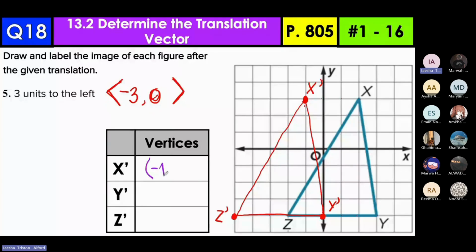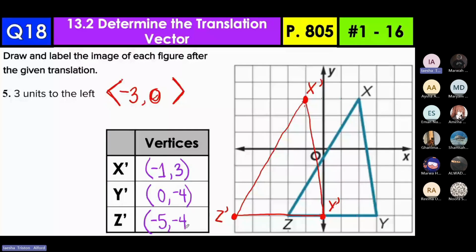Okay, so -1, +3. Where is y prime? 0 and -4. So 1, 2, 3, 4. Good. Where is z prime? -5, -4.